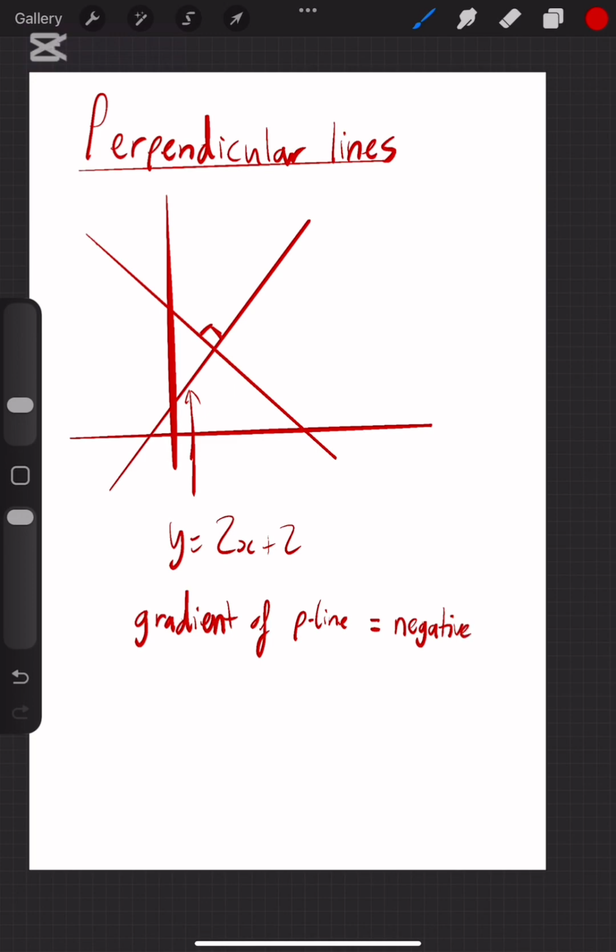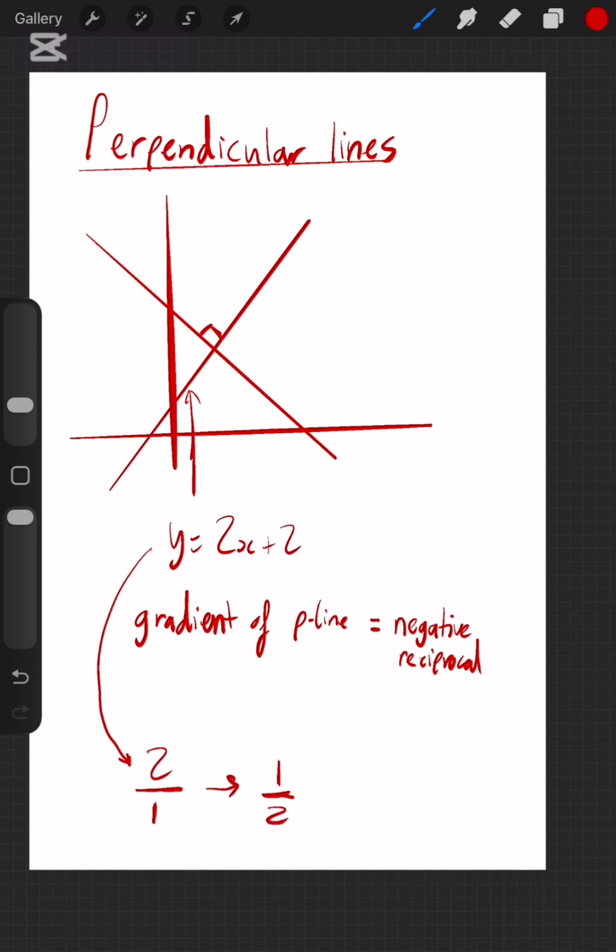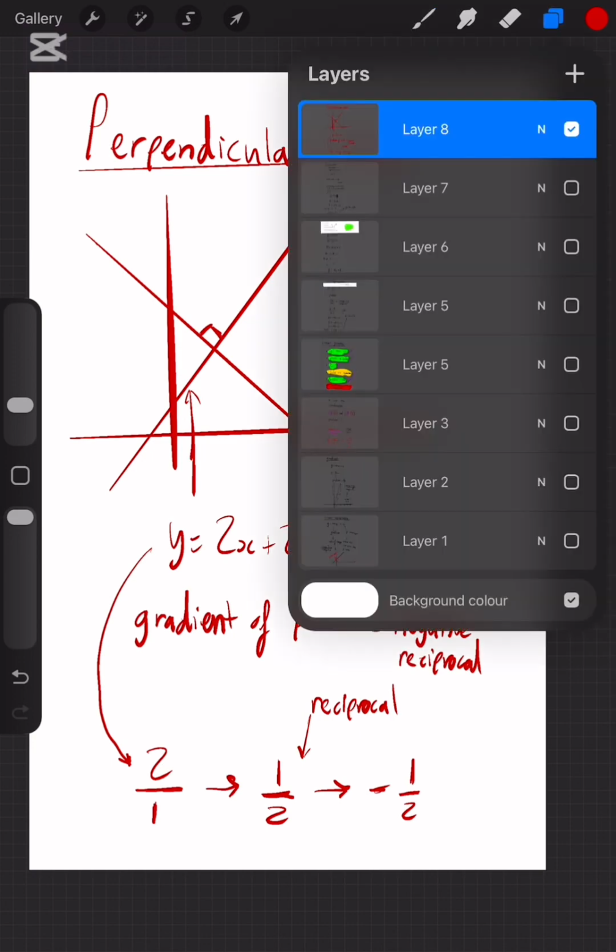The gradient of our perpendicular line is what's known as the negative reciprocal. To find the negative reciprocal, we have to make a fraction with our existing gradient, flip that fraction around, also known as the reciprocal, and then make that negative just by adding a minus sign.